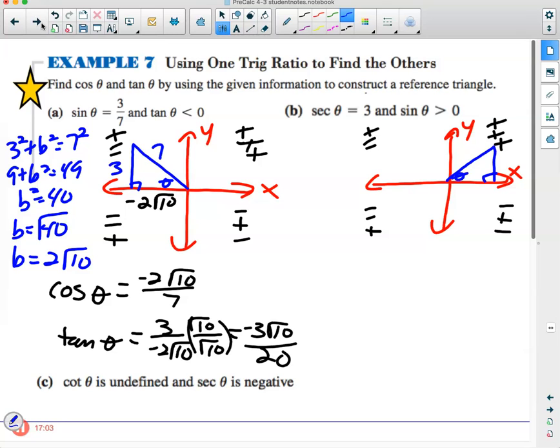Secant is 3. You told me we get that from flipping cosine. So that would mean cosine was 1/3. So adjacent over hypotenuse, looking like so. Still going to have to do the Pythagorean theorem. We have to figure out the other one.